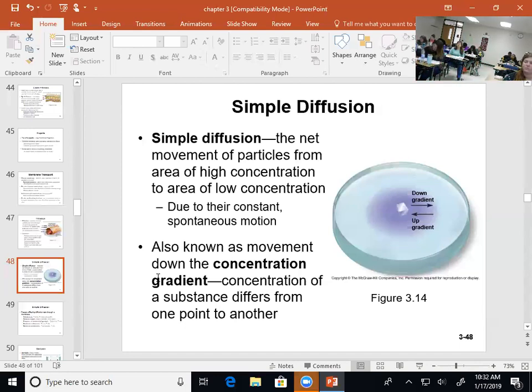Now, the reason that it's so important that you understand the distinction for how solids move versus how water moves. Water moves exactly the same way. It moves down its gradient. If there's a whole bunch of water outside our cells versus what's inside our cells, if the water balance isn't what it needs, isn't equal, water will move into the cell.